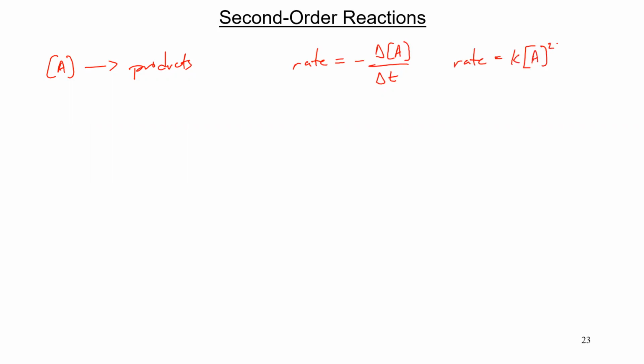Remember, that's where that second order comes from. It comes from the power on the reactant concentration in our rate law. So just like we did before in first order, I can set these two things equal to one another. So the change in concentration of A divided by time is equal to K times the concentration of A squared.